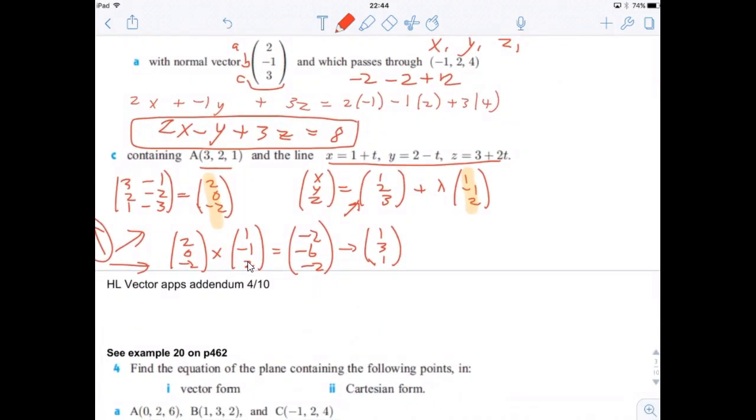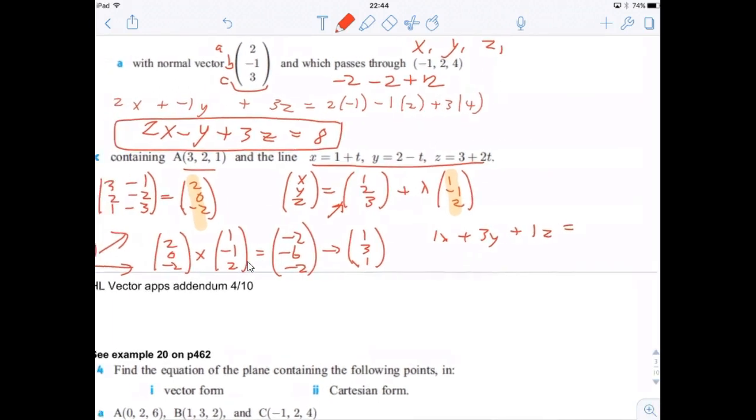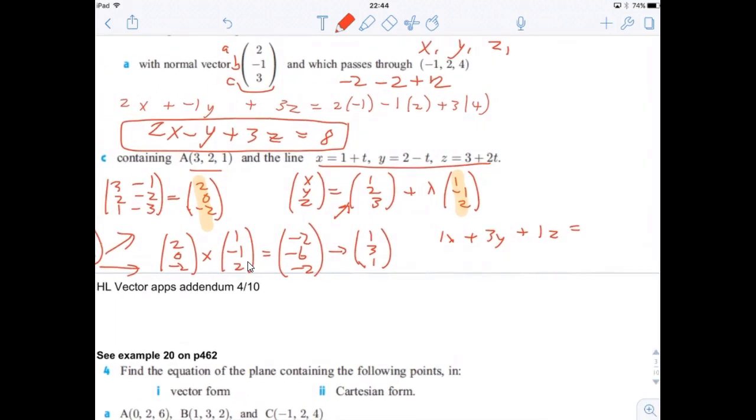Then I'm going to take the normal vector and use this format here to write a plane equation. I'm going to take (1, 3, 1) and multiply it times (x, y, z), and then I'm going to set it equal to the left side, which is (1, 3, 1) times one of the points on the plane, let's use (1, 2, 3), for example.